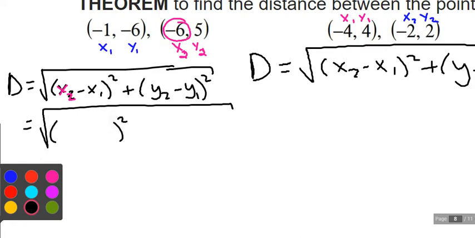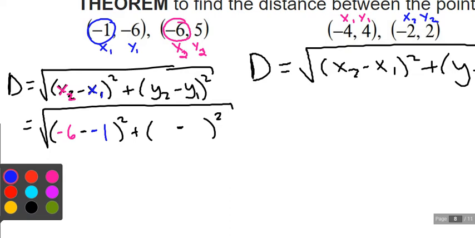We're still going to have a square, we're still going to subtract, and we're going to add the two values. So x2, negative 6, goes in its place, minus x1, and x1 is right here. Now we are going to have a double negative because we have a negative from the formula and a negative from the substitution. We'll deal with that in the next step.